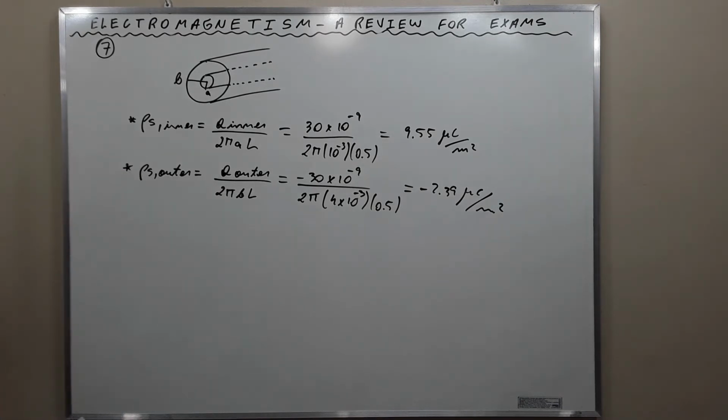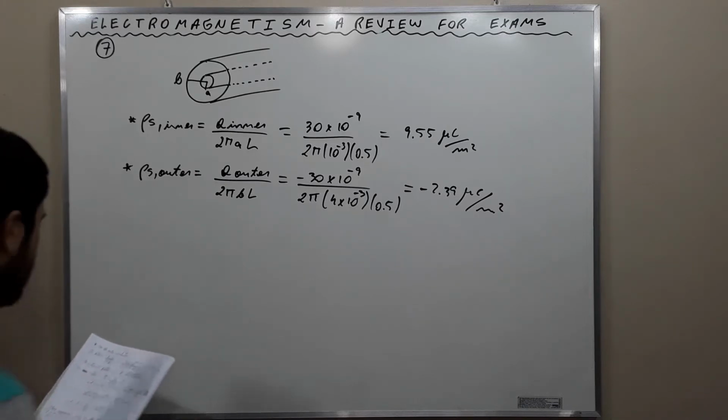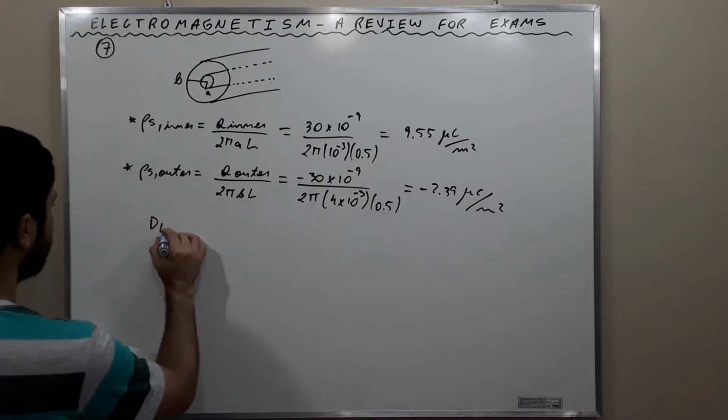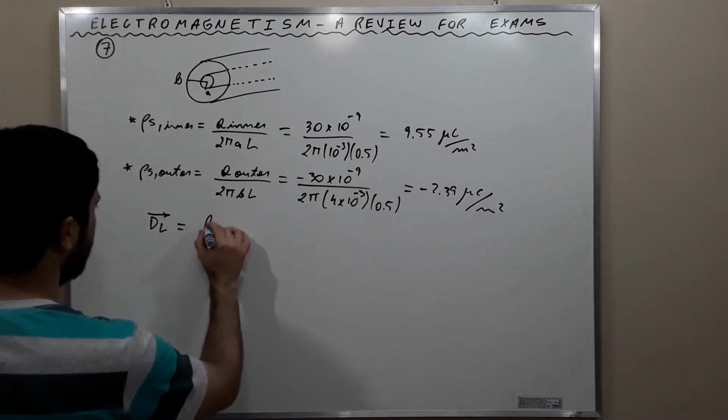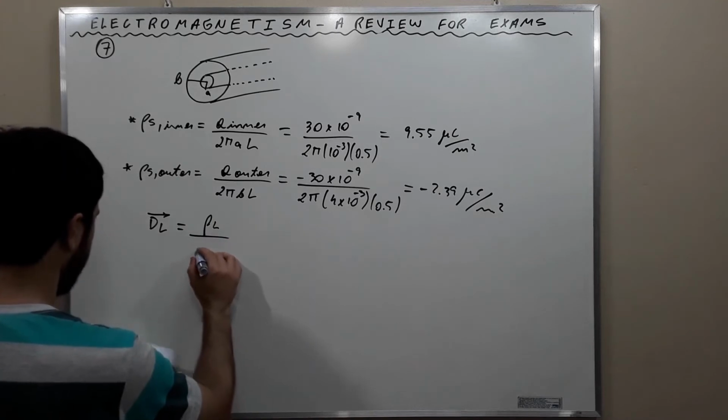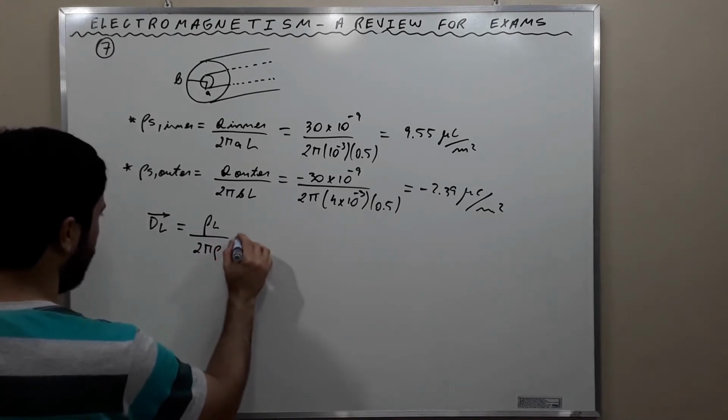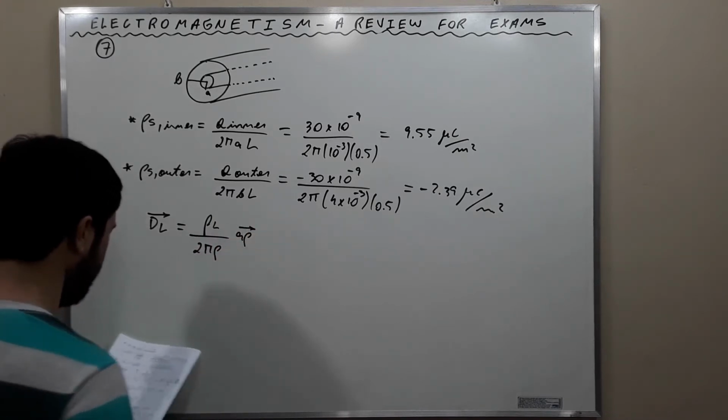And the internal fields can be calculated as follows. We observe that D, the flux density, is equal to rho L divided by 2 pi rho in the a rho direction.